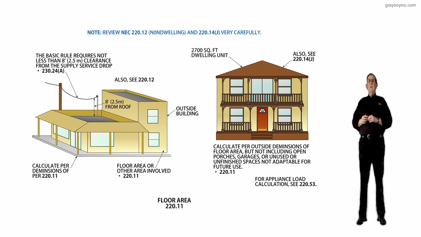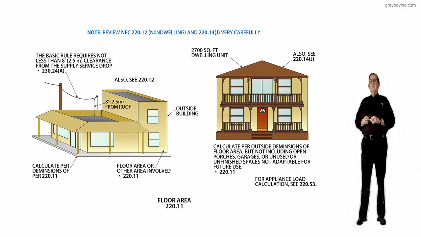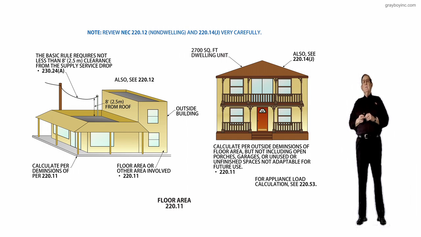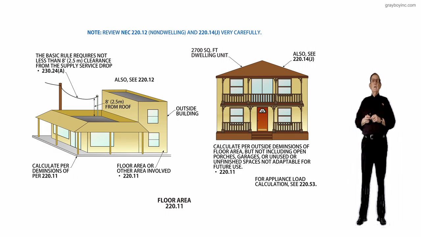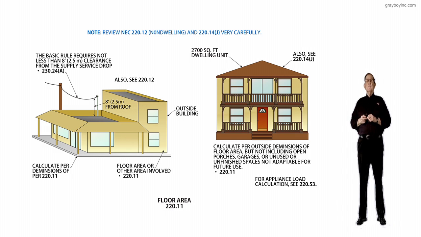And so when we look at the right above the commercial building, we see it basically says also 220.12, but I'd also look at Table 220.12 because that's where you get your VA per square foot. And that table has been completely revised, Table 220.12.